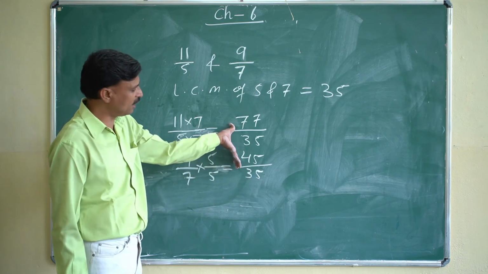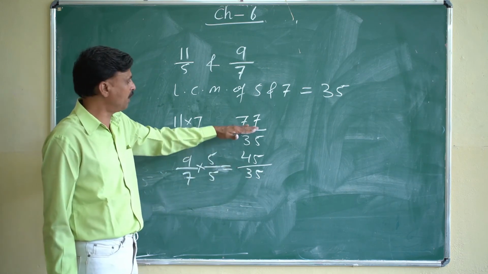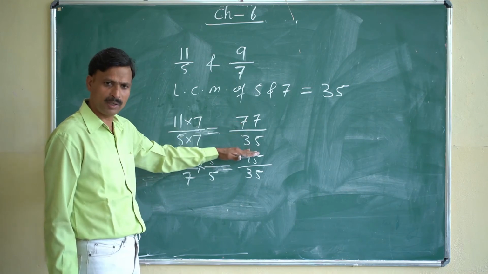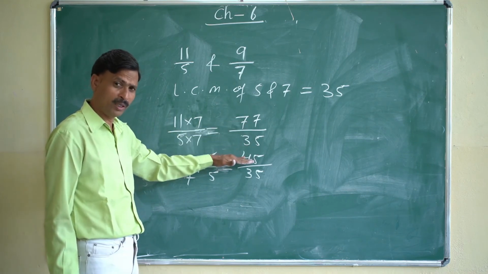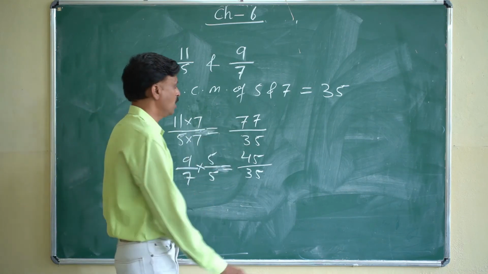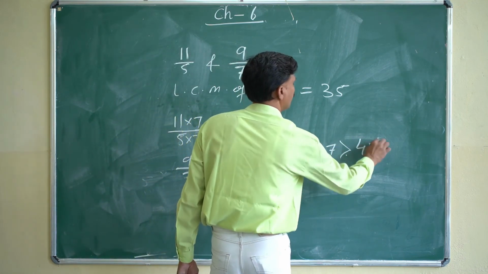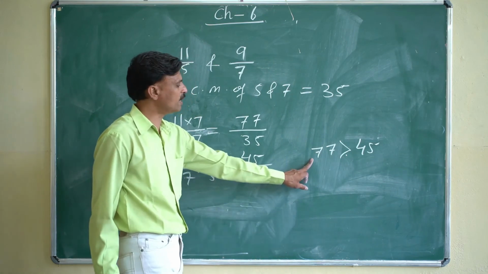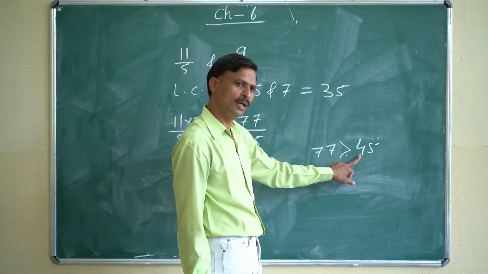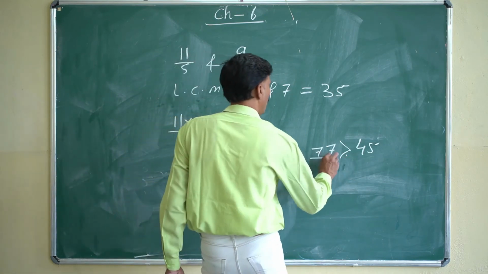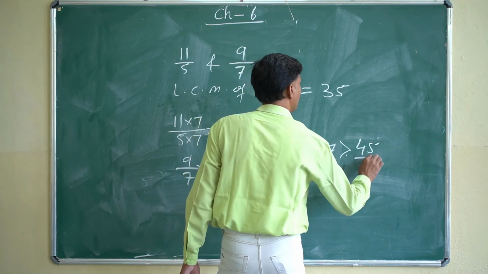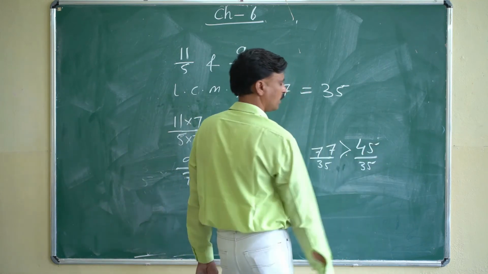When we have converted into like fractions, we'll compare their numerators. We'll see whose numerator is greater. So you'll see that 77 is greater than 45. So since 77 is greater than 45, the 77 upon 35 will also be greater than 45 upon 35.